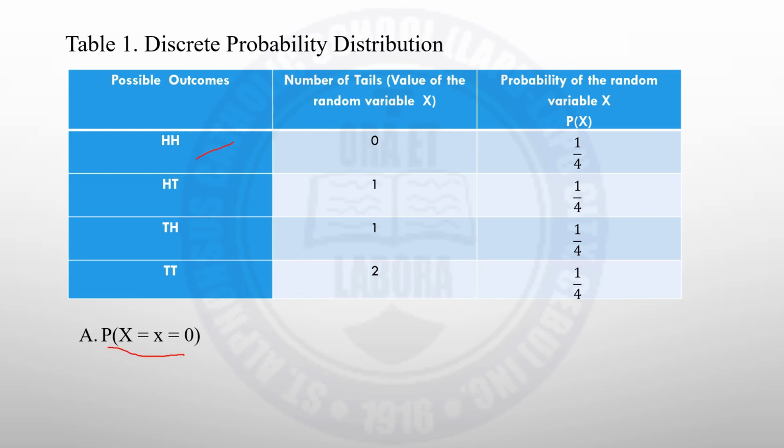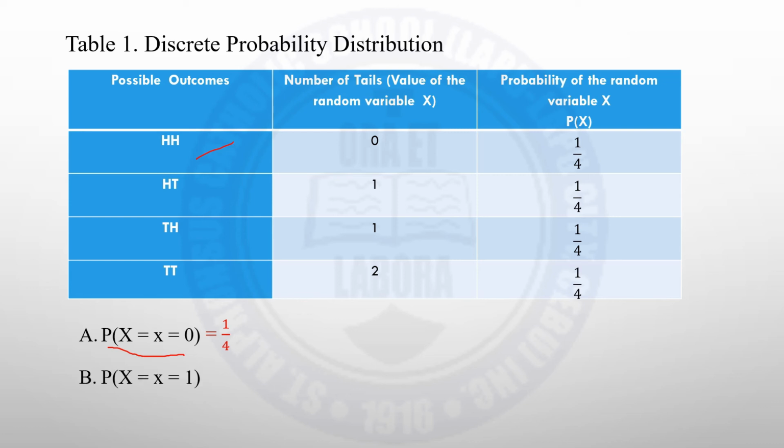P, or the probability of the random variable, or the uppercase X, equals the possible value of the random variable, or the lowercase x, equals 0 because the number of tails is not present there. So the answer is equal to 1/4. 1 is in the numerator because there is one possible outcome for head and head, and 4 in the denominator because there are 4 possible outcomes.